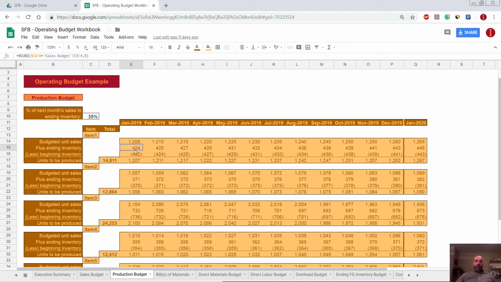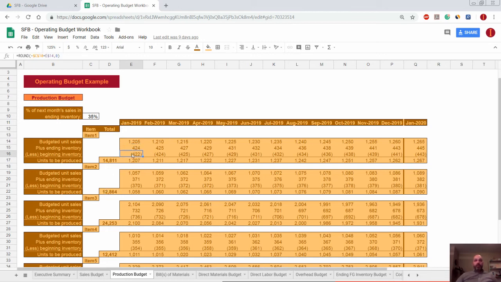Then we've got the ending inventory. Okay, so this is 35% of next month's sales, 424. It refers back to the sales budget, but it's, like I said, 35% of the next month, and then minus what we're going to start the month with.